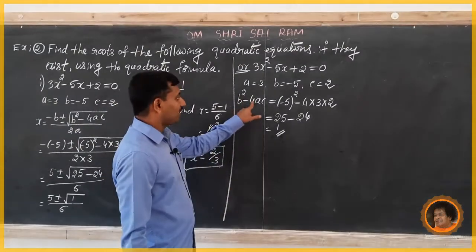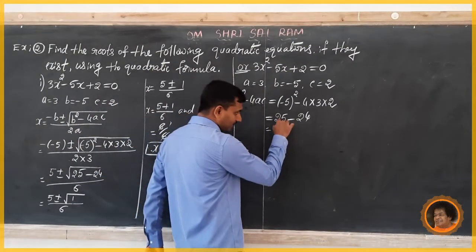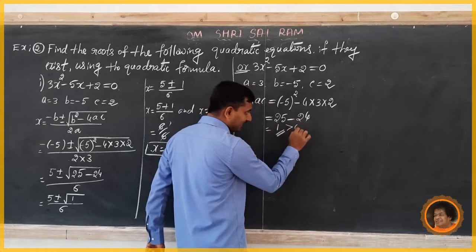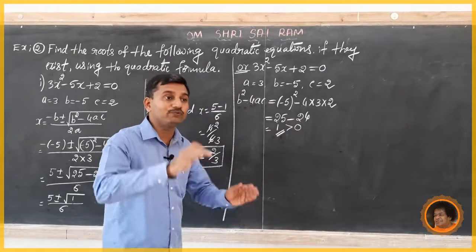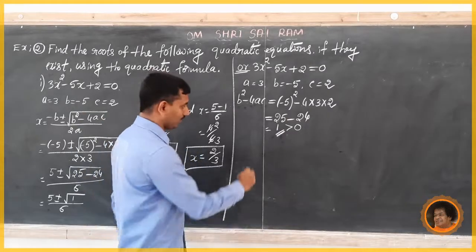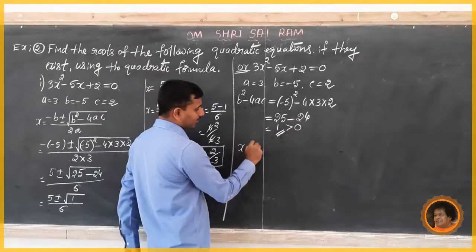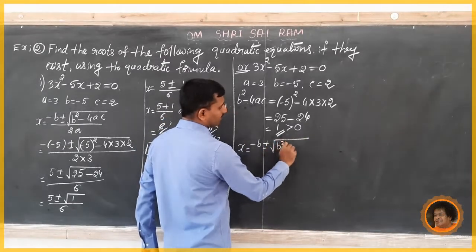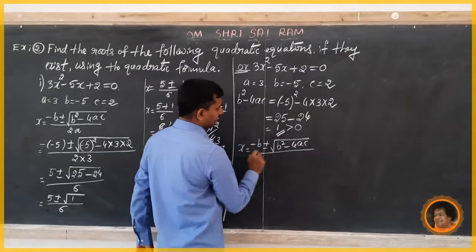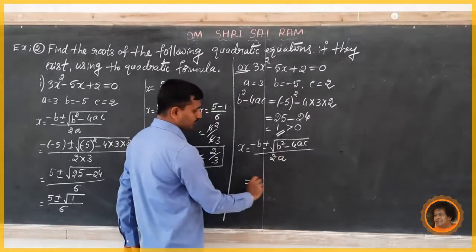So here the b square minus 4ac value is 1, so greater than 0. So it has two distinct roots. Now find the roots by the quadratic formula. So what is the formula? x equal to minus b plus or minus square root of b square minus 4ac divided by 2a. Now substitute the values.